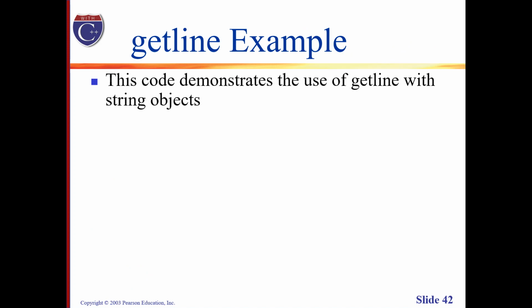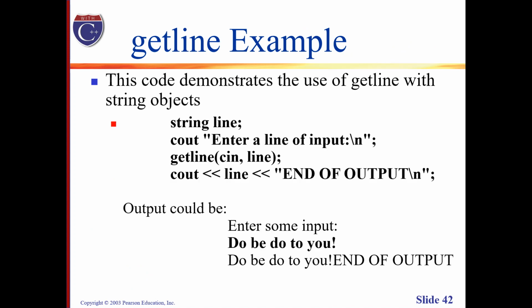To understand, here's a getline example. This code will demonstrate the use of getline with string objects. For example, we have the following lines of code. And if we are going to run that, this will be the output.